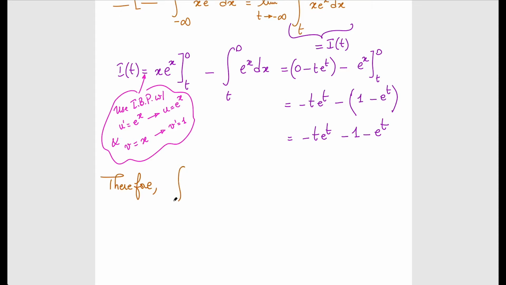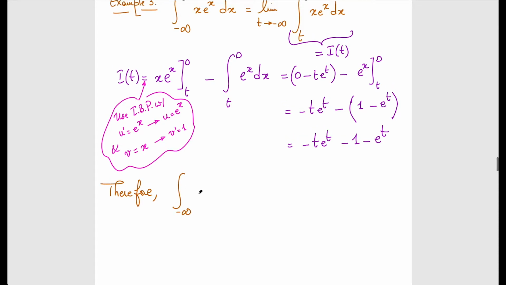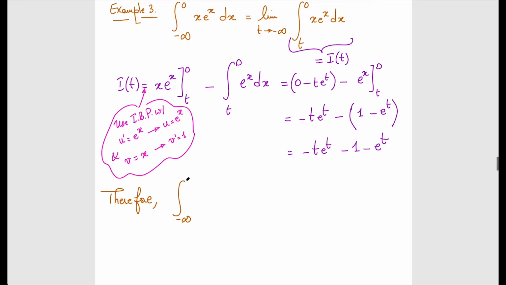So therefore this integral that we had, from minus infinity to 0 of x e^x dx, is simply the limit as t goes to minus infinity of I of t, which we found to be minus t e^t minus 1 minus e^t.